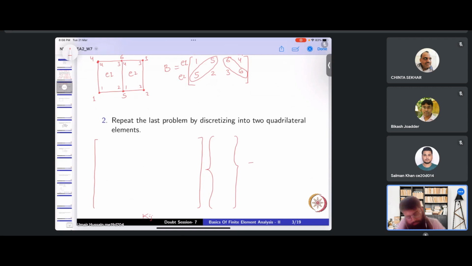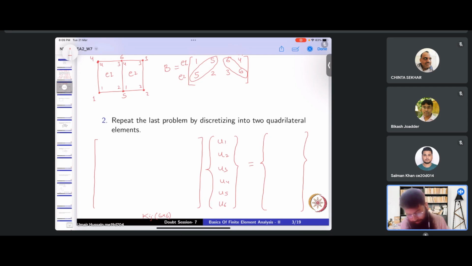It's 6 by 6, since we have a total of 6 global nodes: node 1, node 2, 3, 4, node 5, node 6. So first we'll start with assembling the force vector.